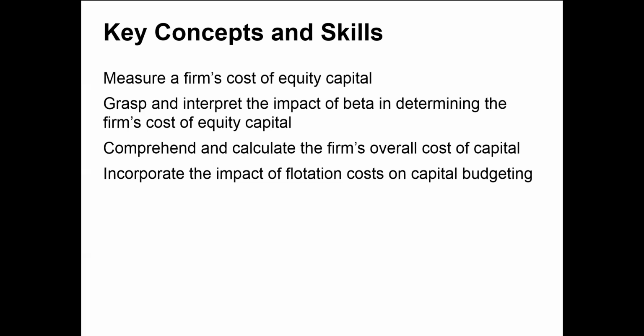If we are talking about the overall firm's cost of capital, it should include the cost of the equity capital as well as the cost of the debt capital. So that is the overall cost of capital. We will discuss this later. We call this WACC, the weighted average cost of capital, which is the overall cost of capital.